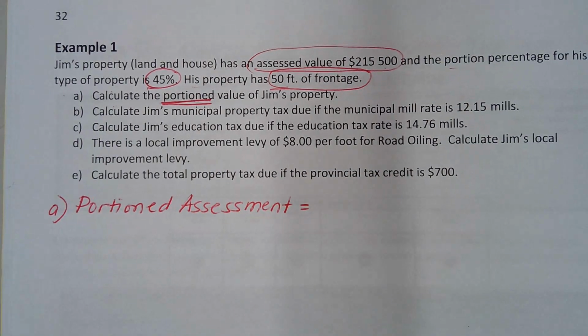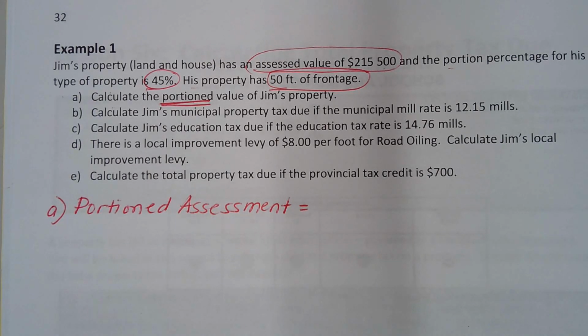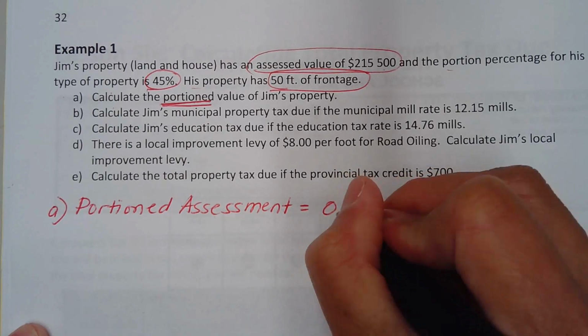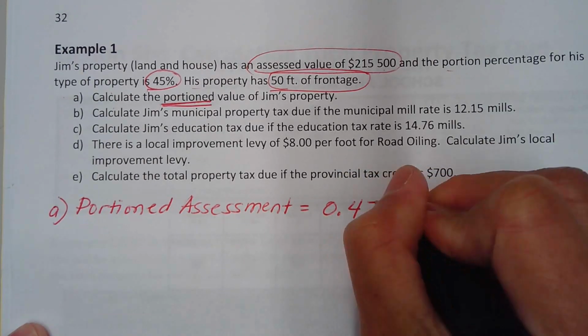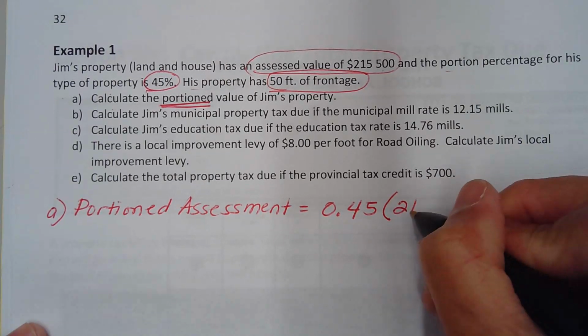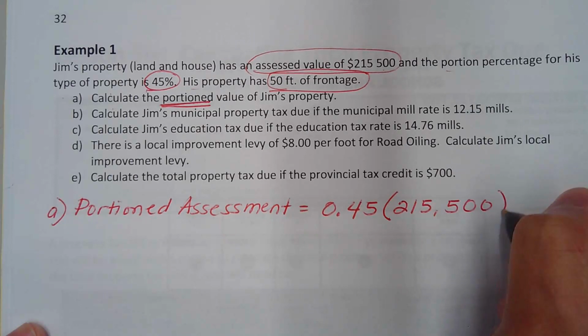So portion amount. What portion are we paying? We're paying 45% of the assessed value. So 0.45 times 215,500.